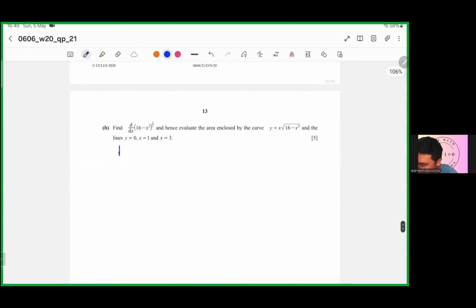First we find this derivative: 3 over 2 (16 minus x squared) to the power 1 over 2, times negative 2x, which gives negative 3x square root of 16 minus x squared.